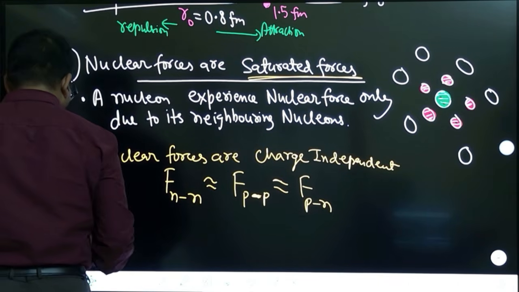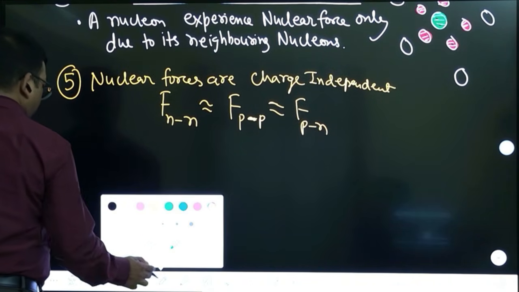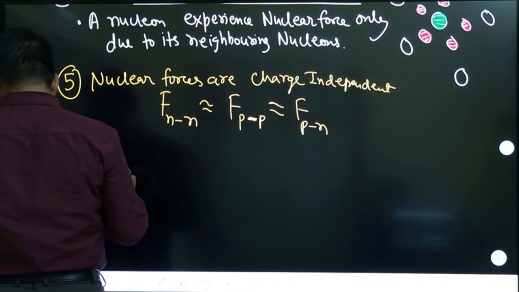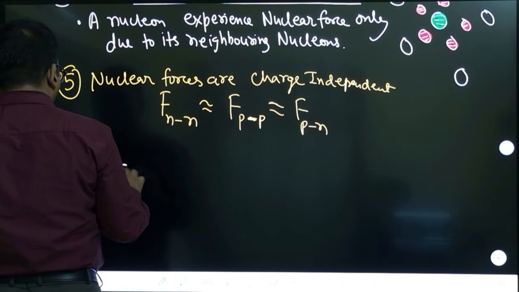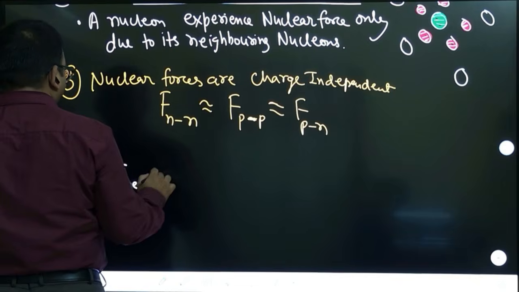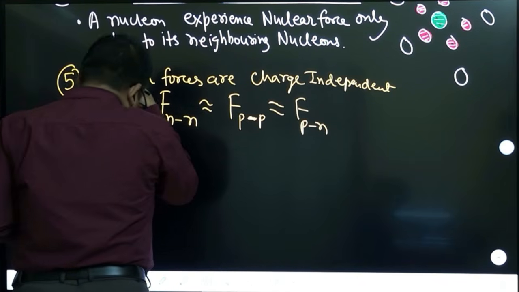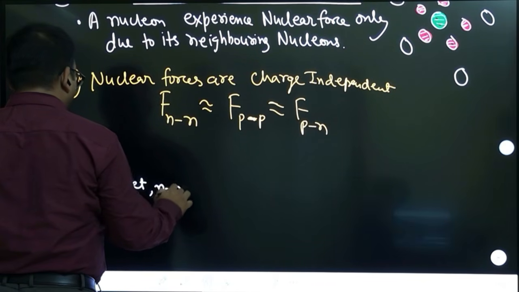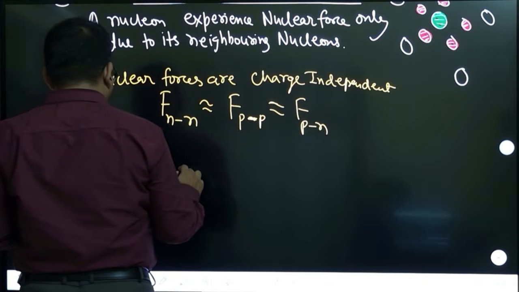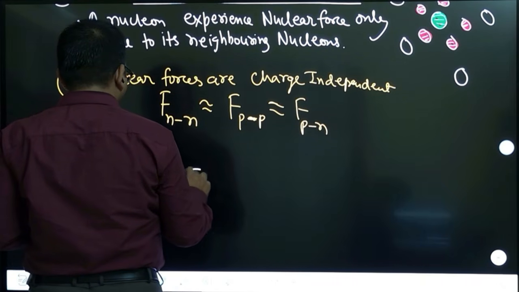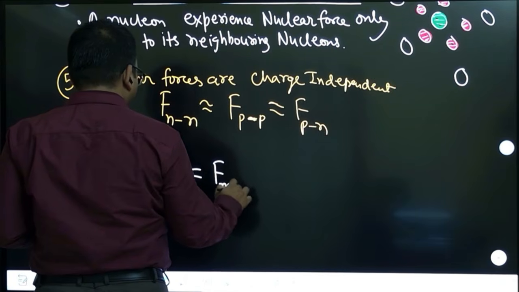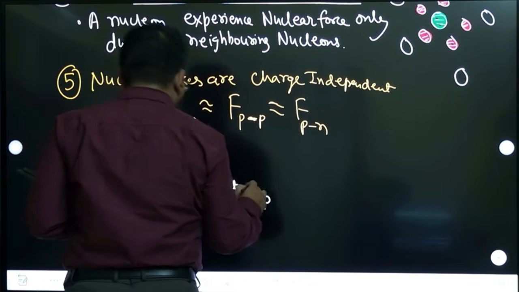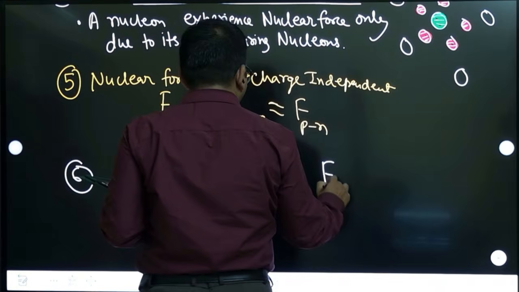Nuclear force does not depend on the charge. Now, a very important point is the net force. Let us calculate the net force between neutrons. This is going to be the same as the net force between neutron and proton.